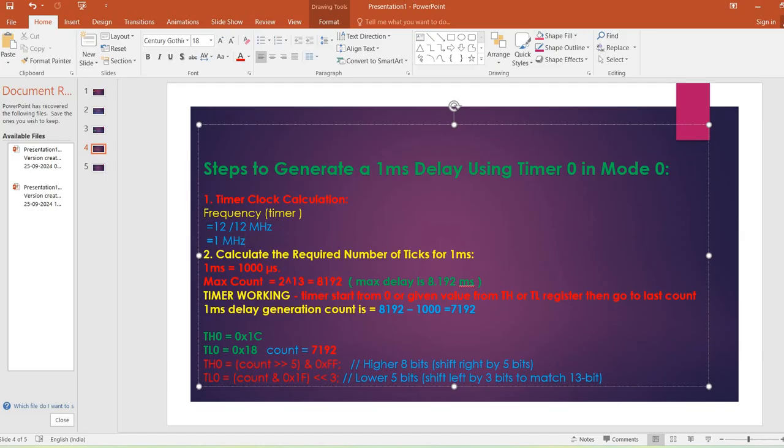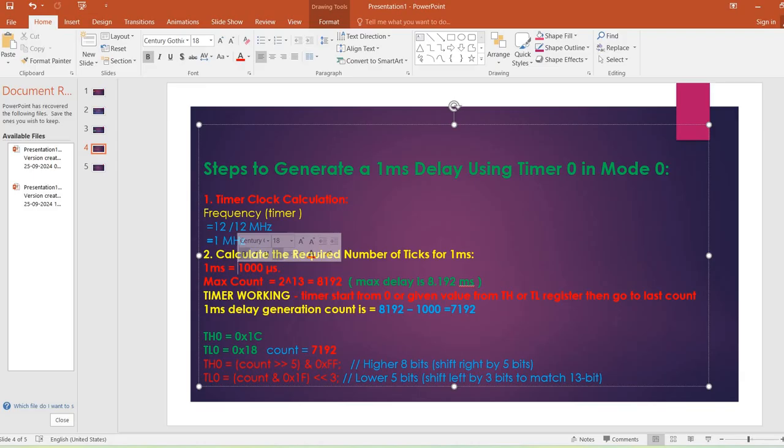So dividing 12 megahertz by 12 gives 1 megahertz to the timer, which means 1 microsecond per count. And 1 millisecond is 1000 microseconds.